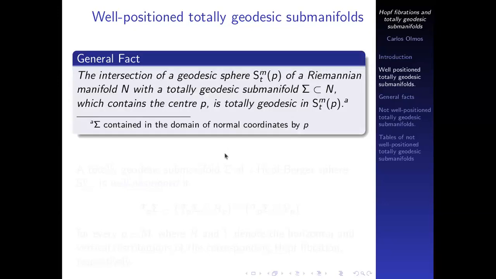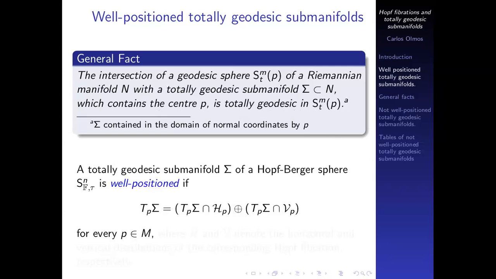So, a general fact. Let us recall that the intersection of a geodesic sphere of a Riemannian manifold with a totally geodesic submanifold that contains the center is totally geodesic. This is what I said before. This is a very general fact.